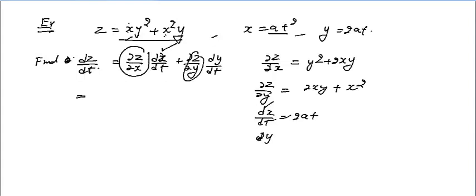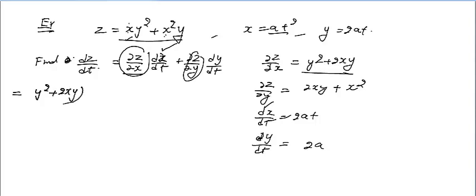The derivative of y with respect to t, you will get 2a. So you will substitute all the values, student. So y squared plus 2xy, and the value of this is equal to 2at, correct?